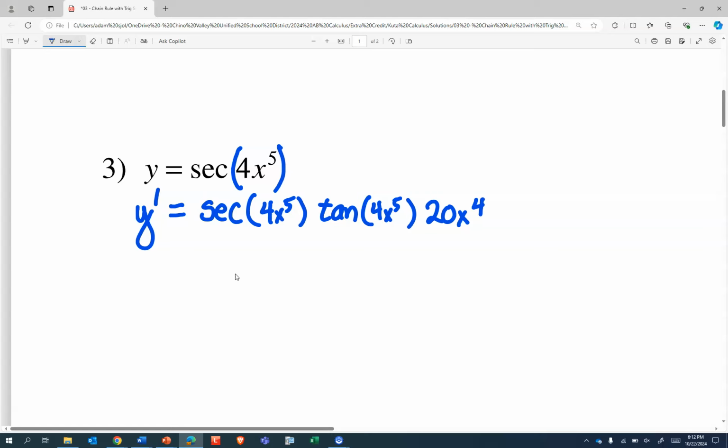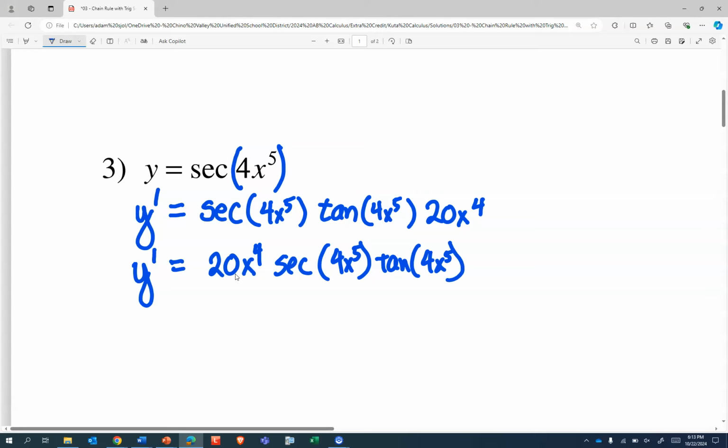So let's see, how are we going to rewrite that? We can't really combine secant and tangent. So 20x to the fourth, secant, 4x to the fifth, tangent of 4x to the fifth. Cool.